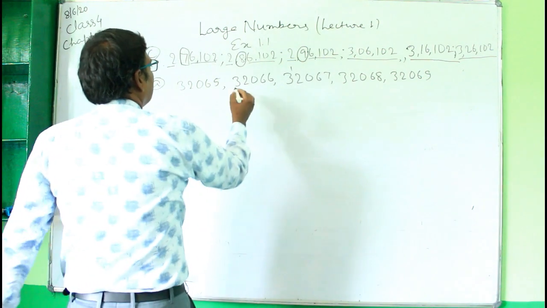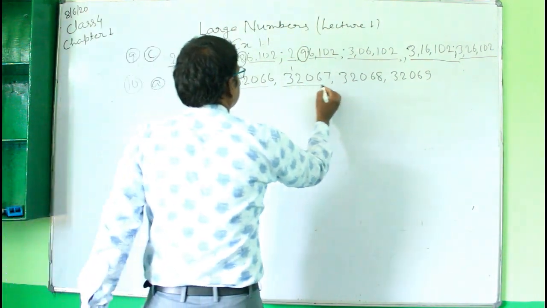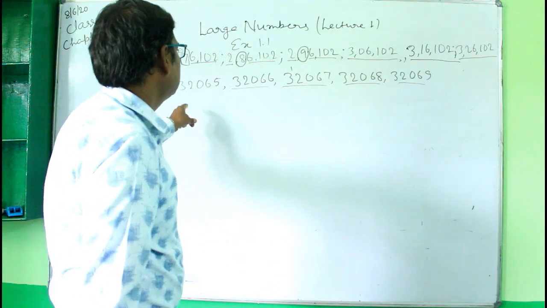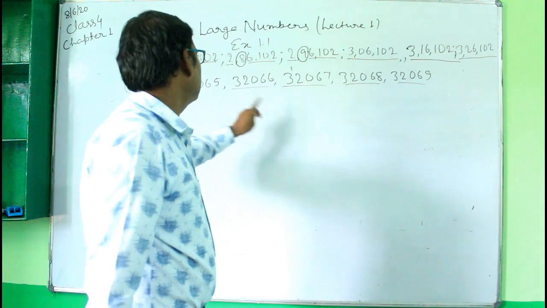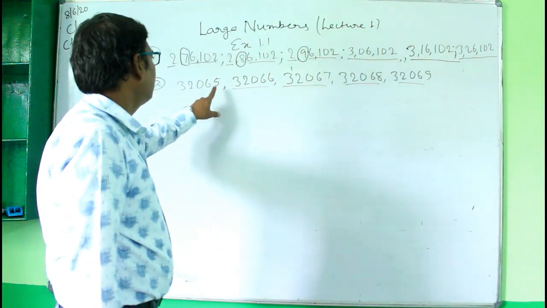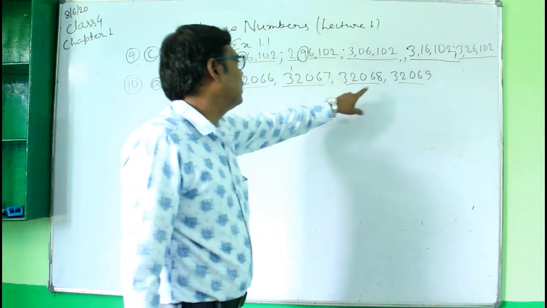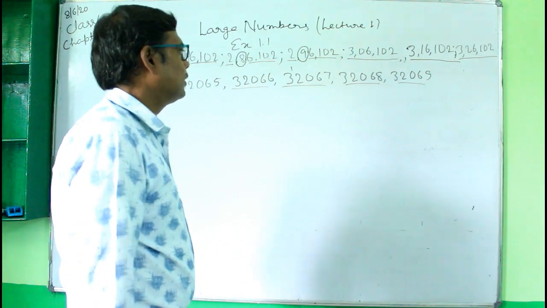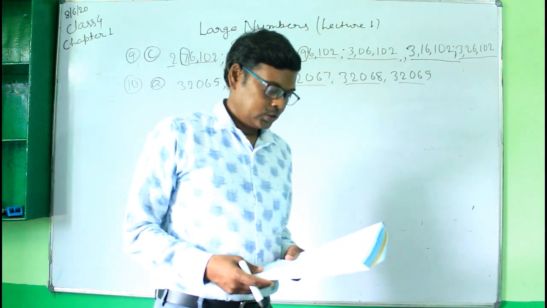So I have written 4 numbers, so that is the answer. These are the 4 next numbers after this number, and all these numbers are consecutive because after 5 this is 6, then 7, then 8 and 9. So you are adding 1 to each number to get the next number. So this is the answer.